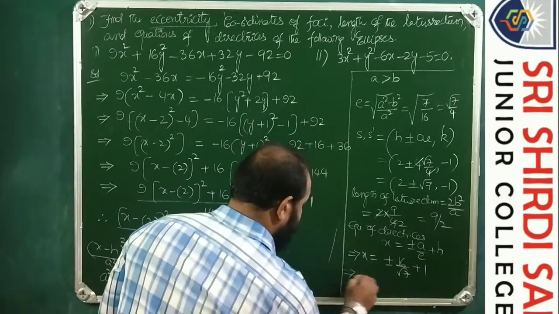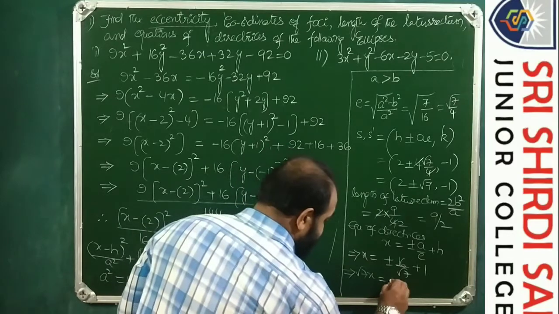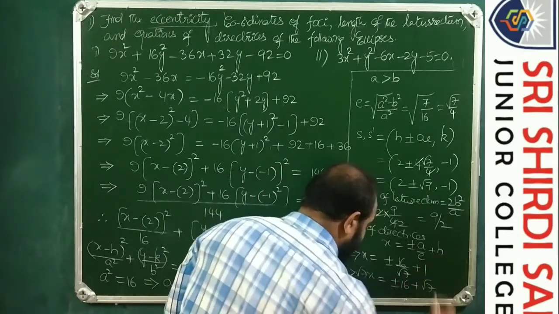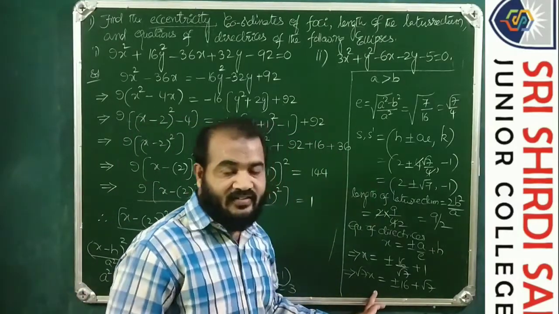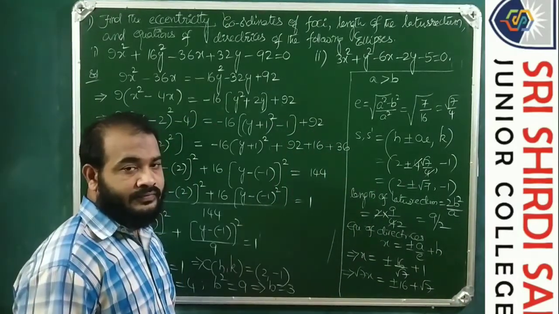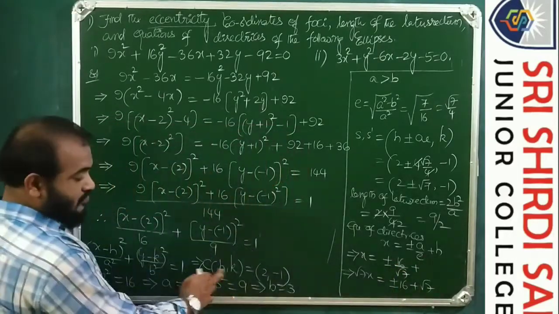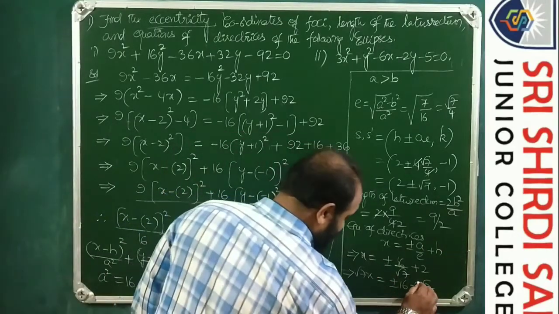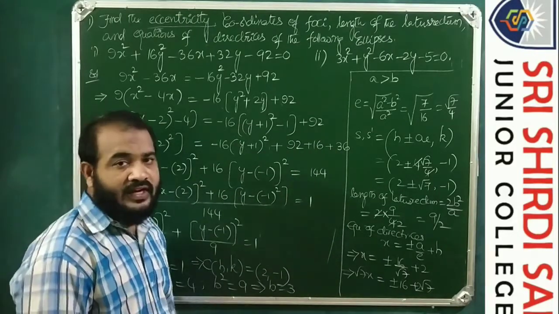So this is equal to x equals plus or minus 16 by root 7 plus 2. Then root 7 x is equal to plus or minus 16 plus 2 root 7, which is our equation of the directrices.